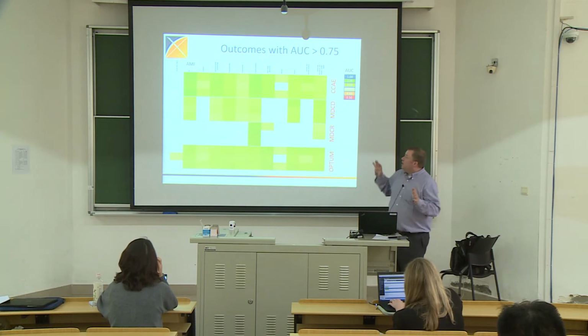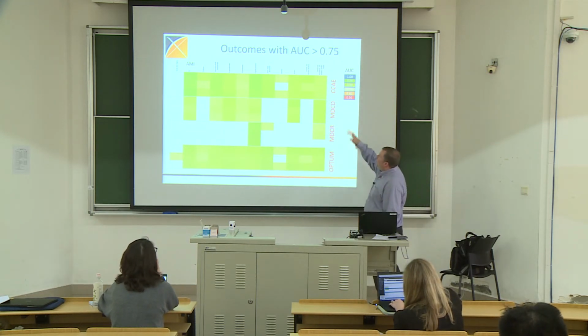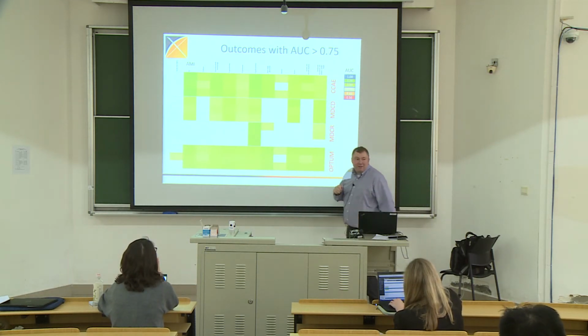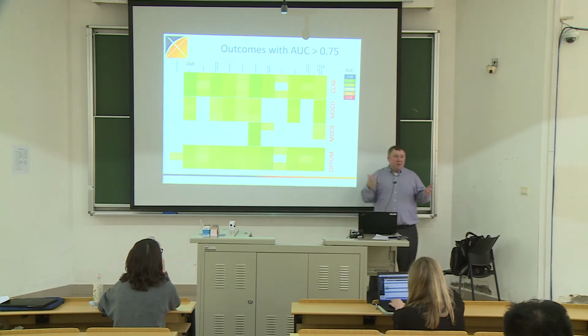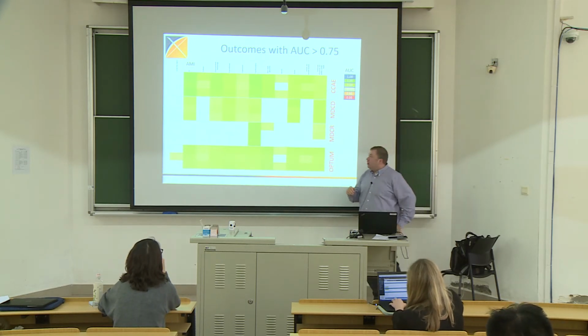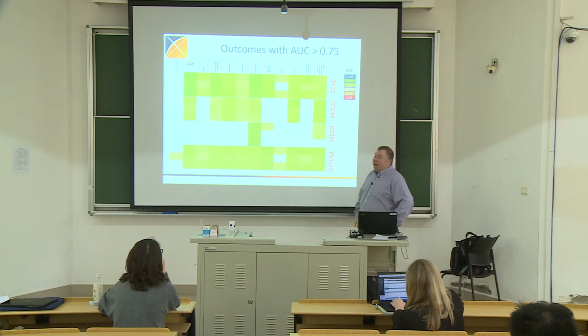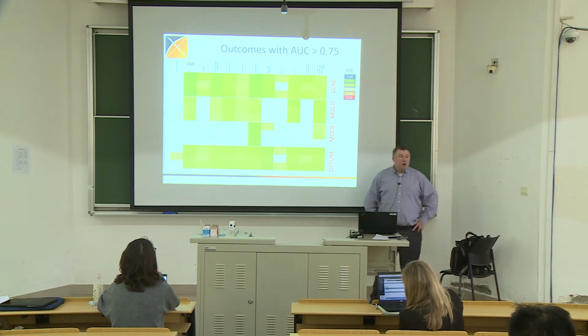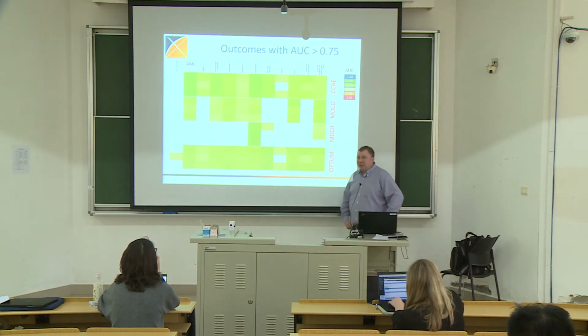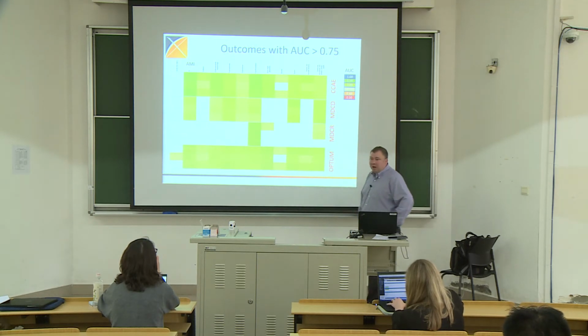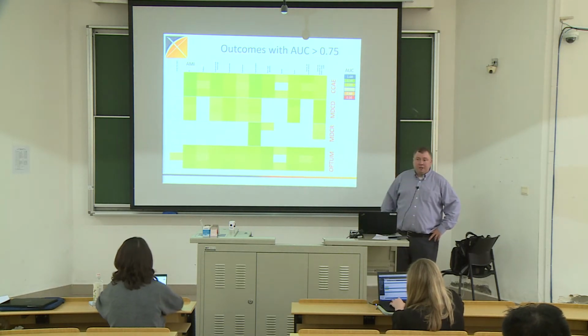If I just limit myself to the outcomes where we get an AUC greater than 0.75, which would generally be considered to be a pretty darn good model, you can see that there are a lot of circumstances where we could help patients with depression simply by using these models to provide predicted probabilities.